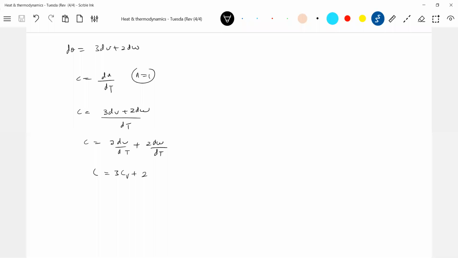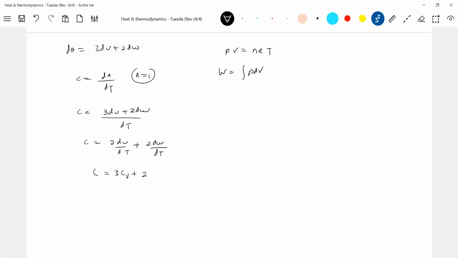Think very hard. What is dw? dw is always P dV. Then shall we take help of the ideal gas equation, because there is no other method available? PV equals nRT.